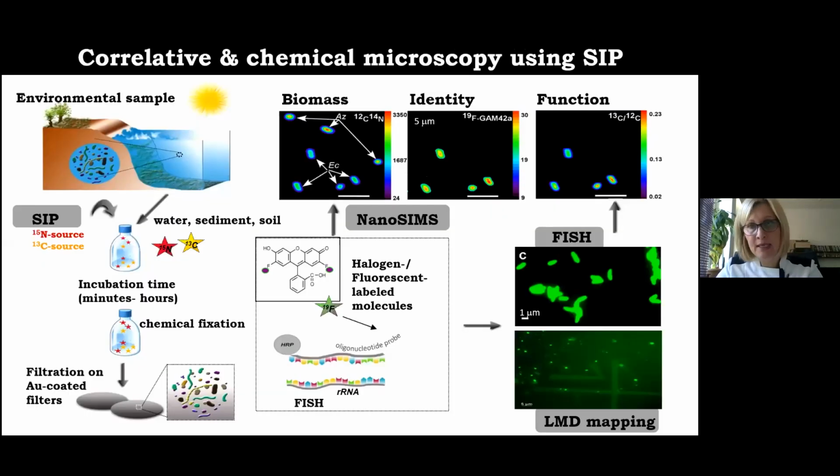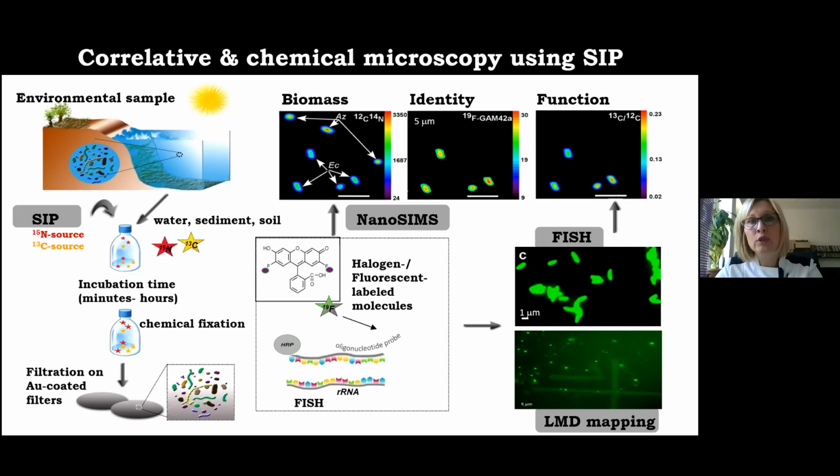Another example here, and what I want to go further into, is to tell you that the most common way that people are using nanoSIMS is in combination with stable isotope labeling to track microbial activity in environmental samples, and in combination with fluorescence in situ hybridization.